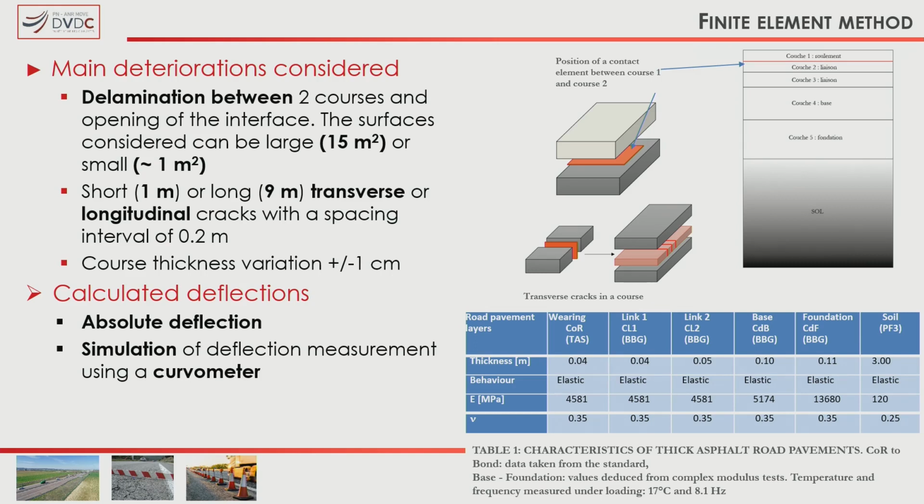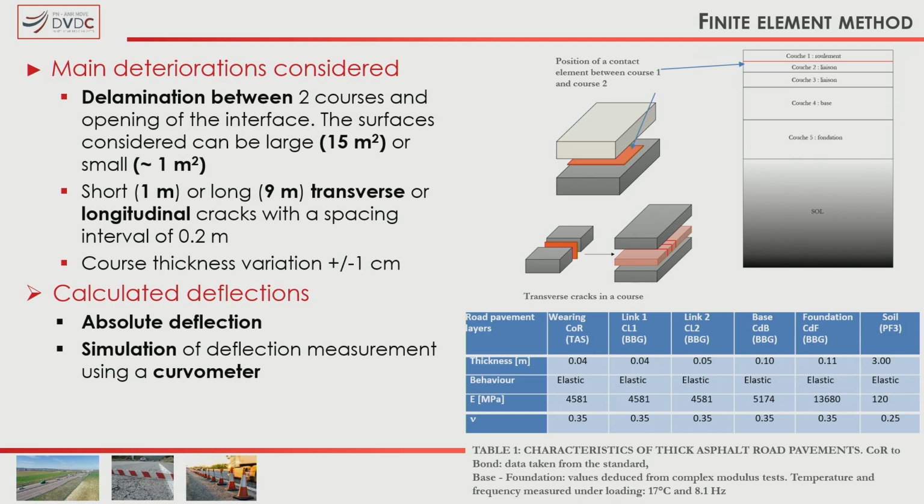And so we looked at the transversal or longitudinal cracks with spacing of about 1.2 meters, and then we looked at the thickness. The deflections were calculated in absolute terms, and we simulated measures like the various diameters.